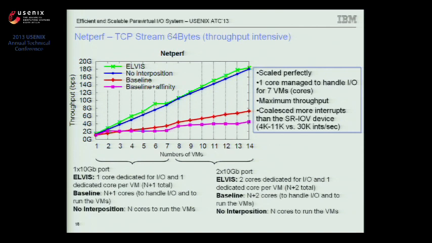In the case of Elvis, the number of virtual interrupts that were injected to the virtual machines was between 4K and 11K. Elvis, when it processed the queues, batched many requests and sent only 1 virtual interrupt for many requests.